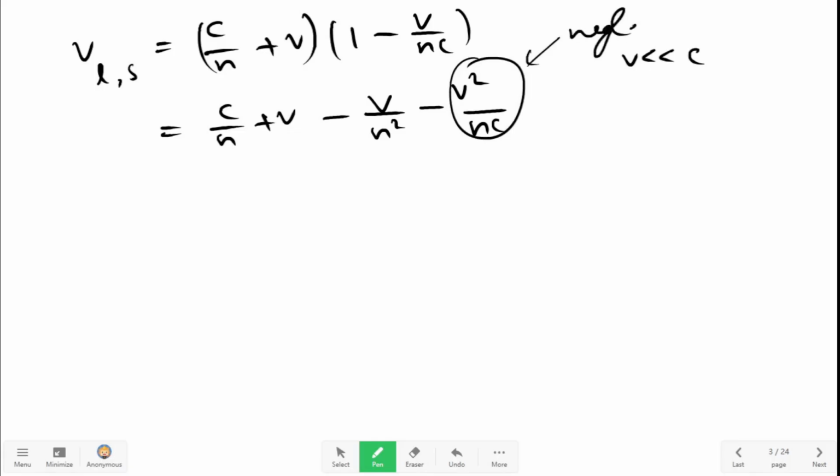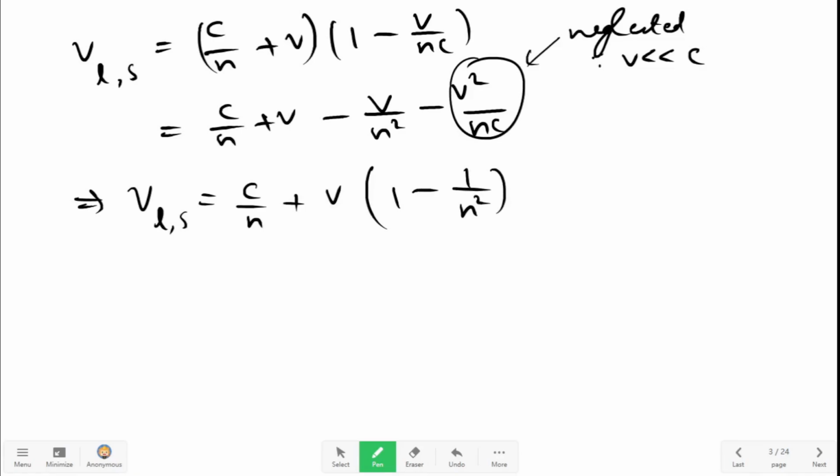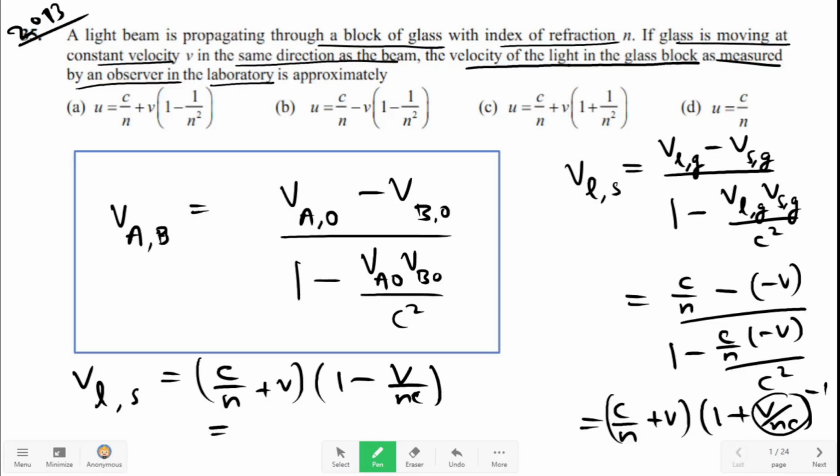This is neglected. This implies VLS is equal to c by n plus V into 1 minus 1 by n square. Correct answer here is option A.